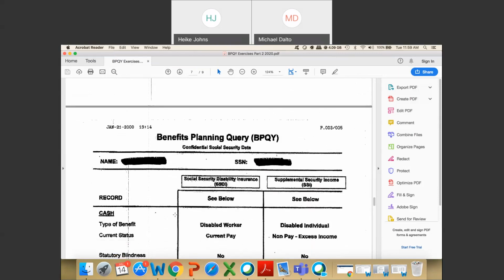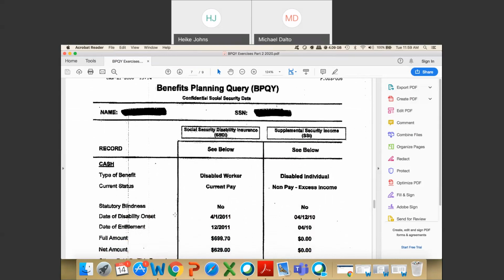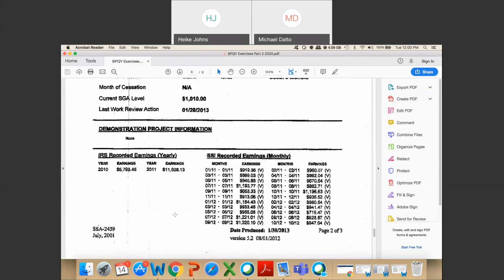Okay, and finally, BPQY number 3. For this BPQY, we could see that earnings were reported for SSI, but not for SSDI.